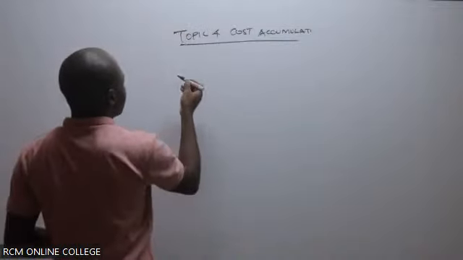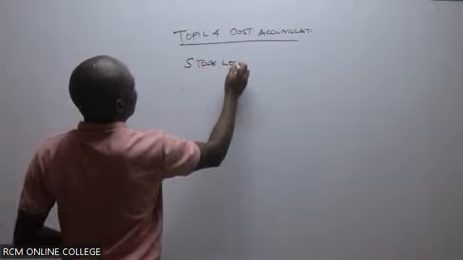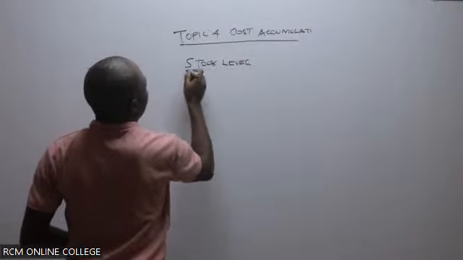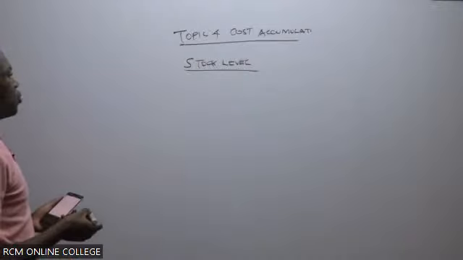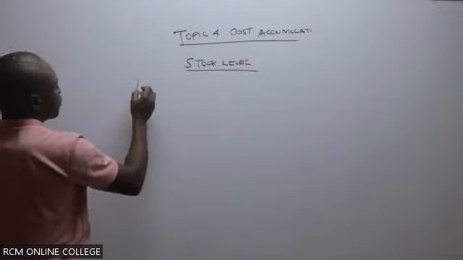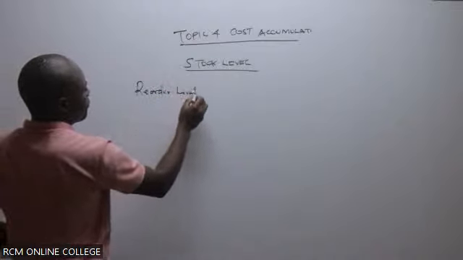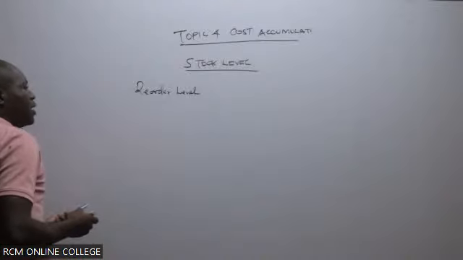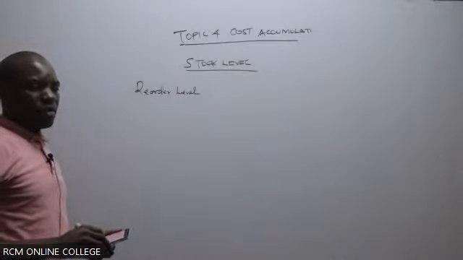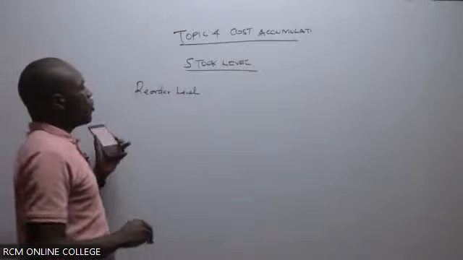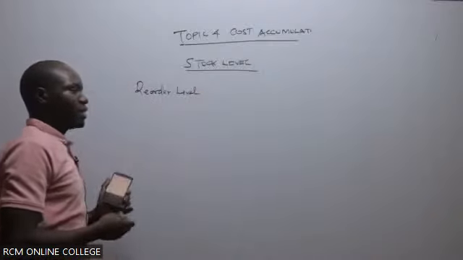When you're going to set the stock level, one, we need to look at what we call the reorder level. At what particular point should we start being worried about what we are going to purchase back?